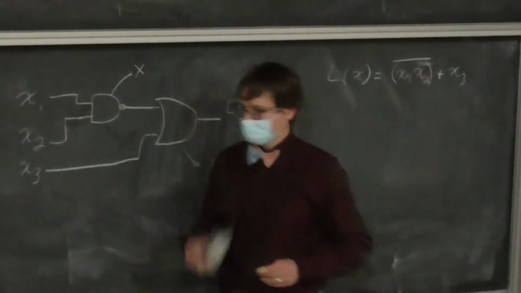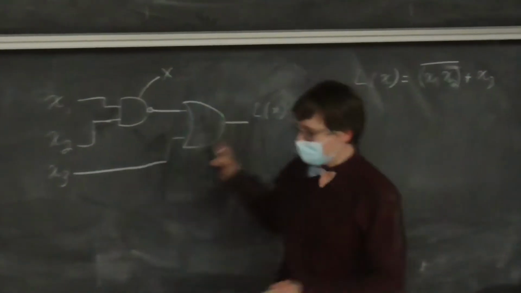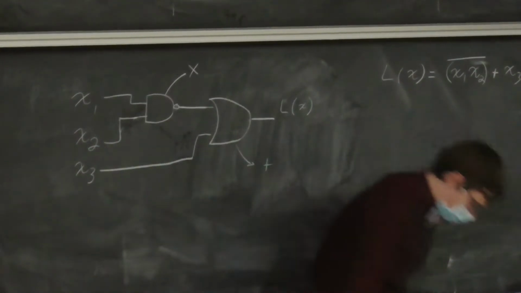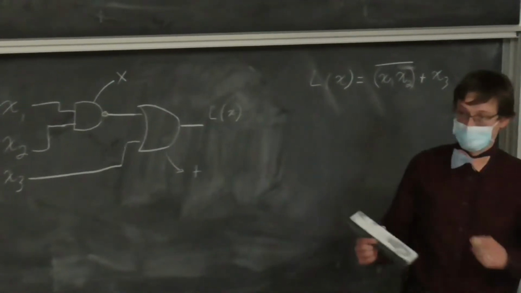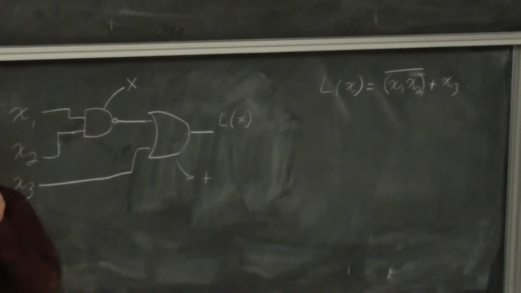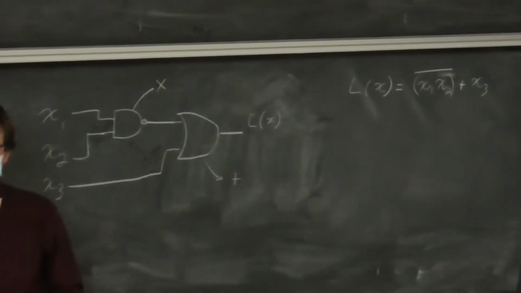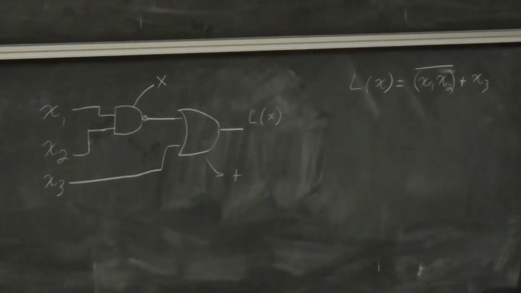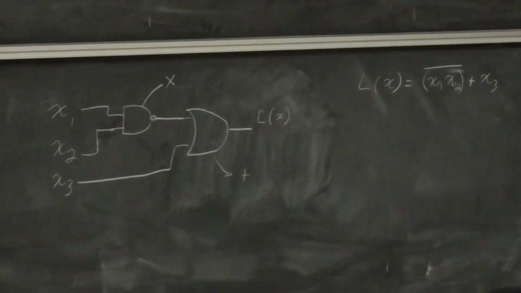So with these components, we have pretty much everything we need to express these guys as logical formulas. Have I said anything yet that isn't review? Not really? Okay. Is this good review at least? Okay, good.